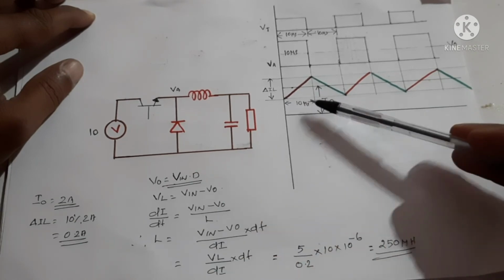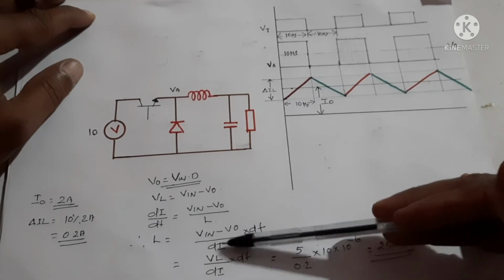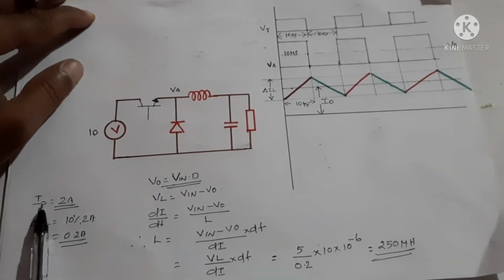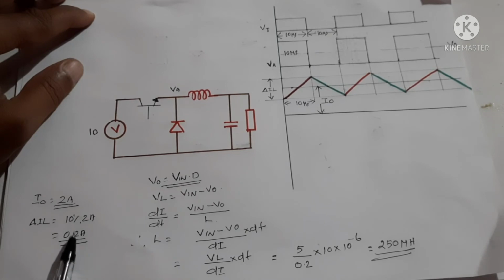Dt is 10 microseconds. Now we only have to know the di. What is di? As we said earlier, if the output current is 2 ampere, the di is usually taken as 10% of the total current, which means 0.2 ampere or 200 milliampere.